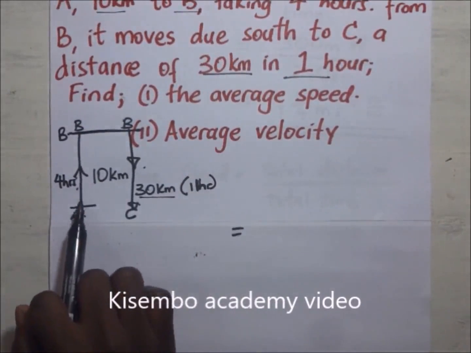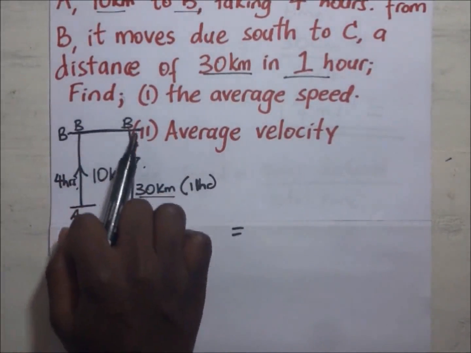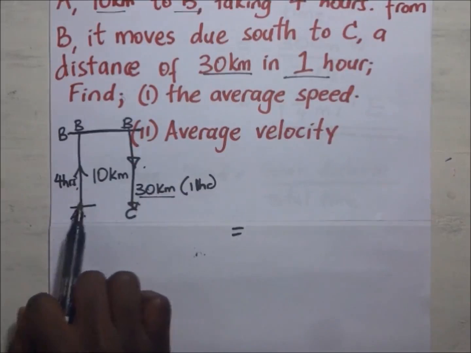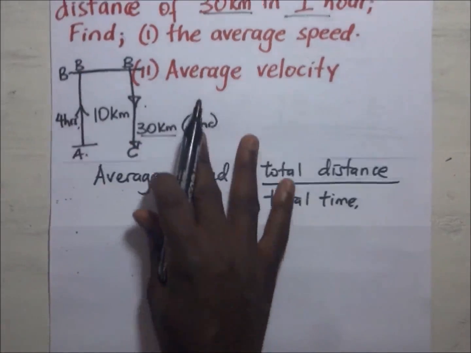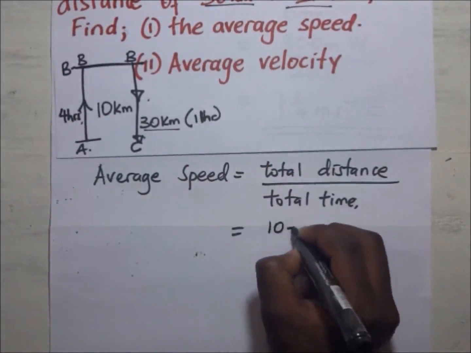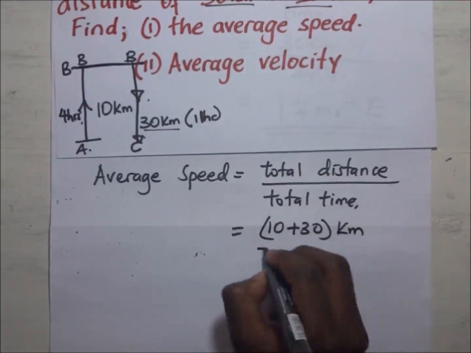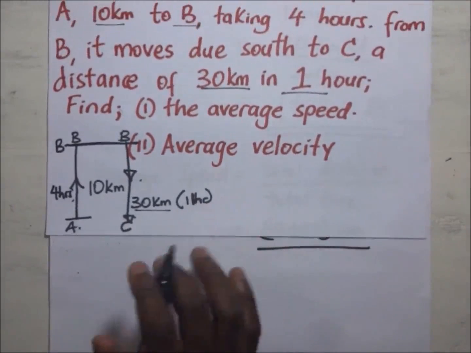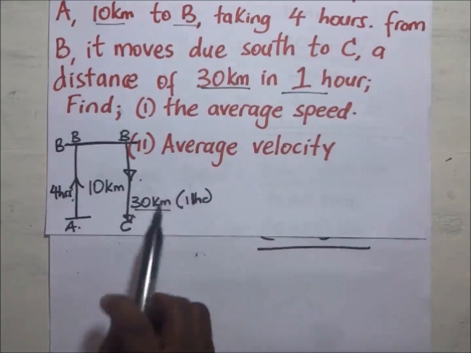So the distance traveled from A up to C: it first moves upward 10 kilometers, then downwards 30 kilometers. So the total distance covered is 10 kilometers plus 30 kilometers. It's going to be 10 plus 30, all this in kilometers, divided by the total time. Now the total time is upward 4 hours, then downwards 1 hour.